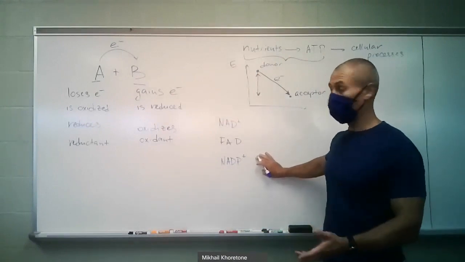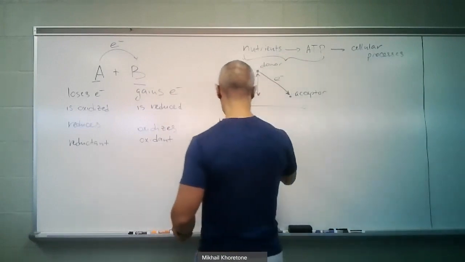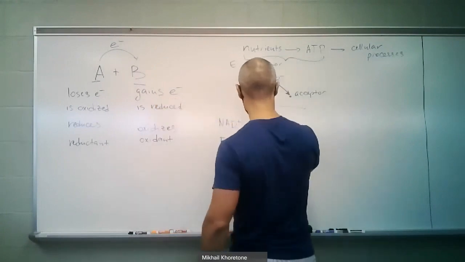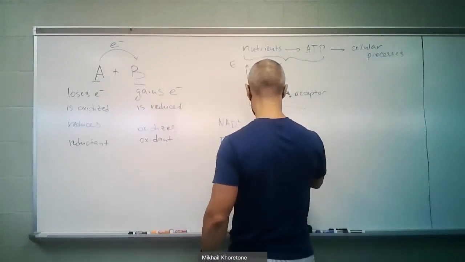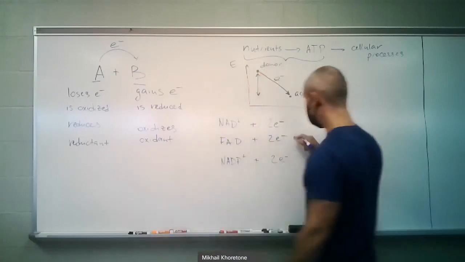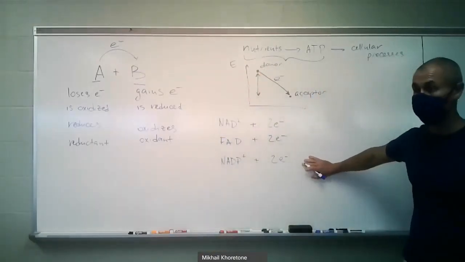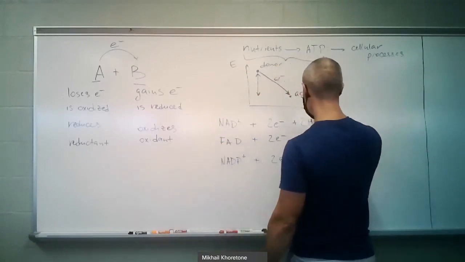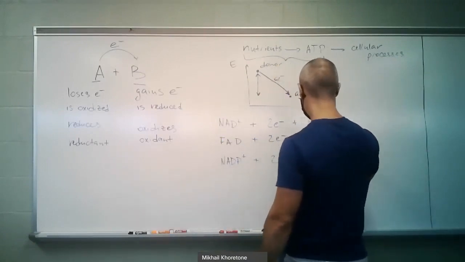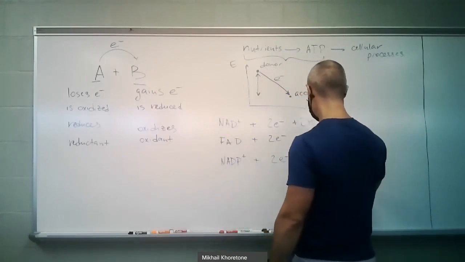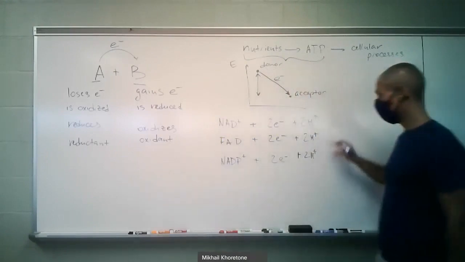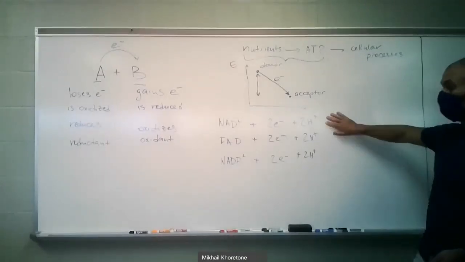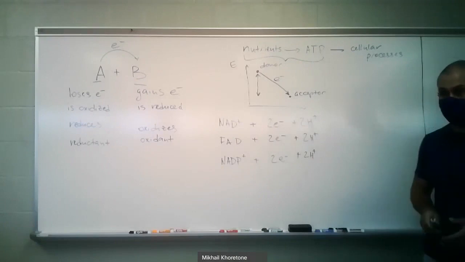Now, these electron carriers will gain 2 electrons. Electrons are negatively charged, so to balance electrons, you need something positive. That will be hydrogen atoms, hydrogen ions. Does that make sense? You see that? So two positives counteract two negatives, okay?